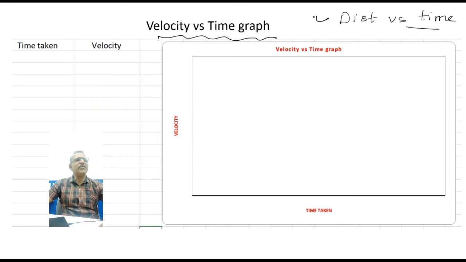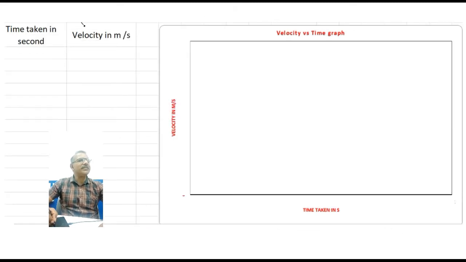Now coming back to velocity time graph, we will take time in second and velocity in meter per second, right? We know that meter per second is the SI unit of velocity and second is the SI unit of time, right?